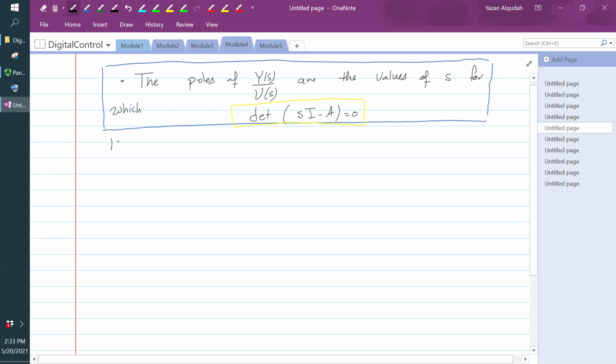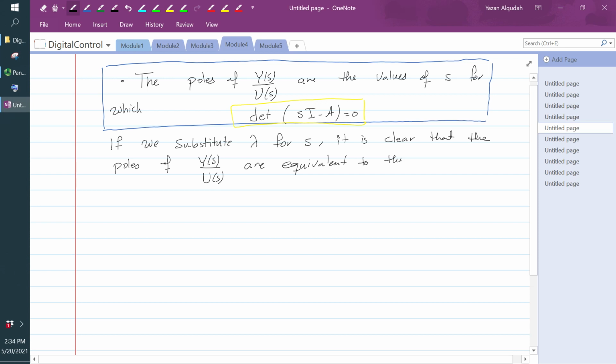So we conclude, if we substitute lambda for s, it is clear that the poles of y of s divided by u of s are equivalent to the eigenvalues of A.